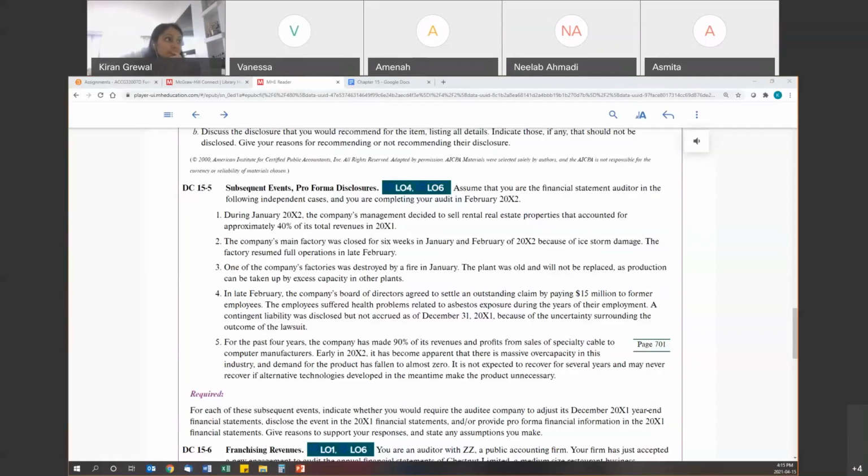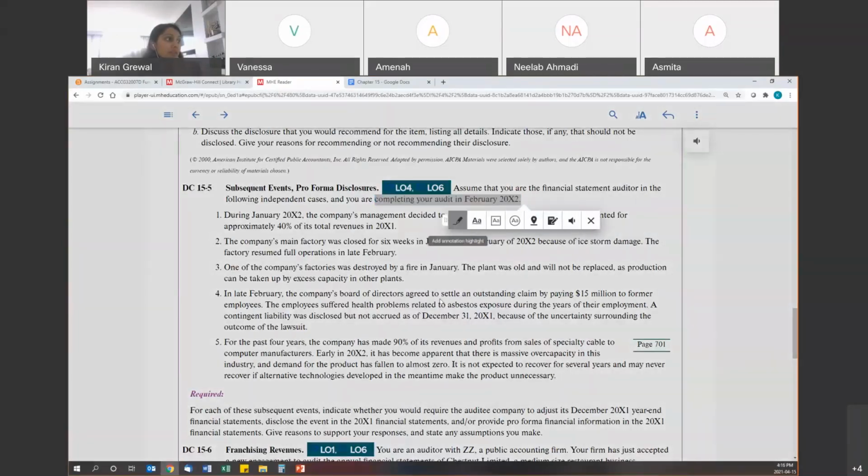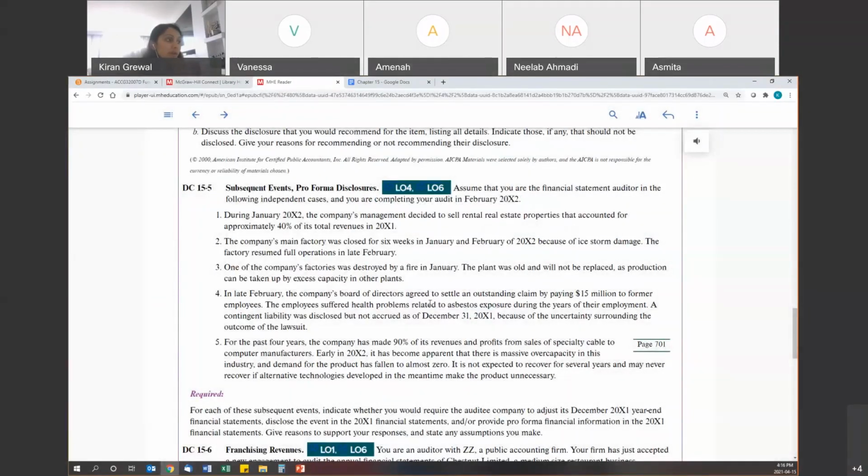Okay, so basically what I want you to do for this activity is there's these 5 independent cases. There's 5 different events that happened after year end, but before the financial statements were finalized. You're completing your audit in February 2022 for the year end December 31st, 2021.